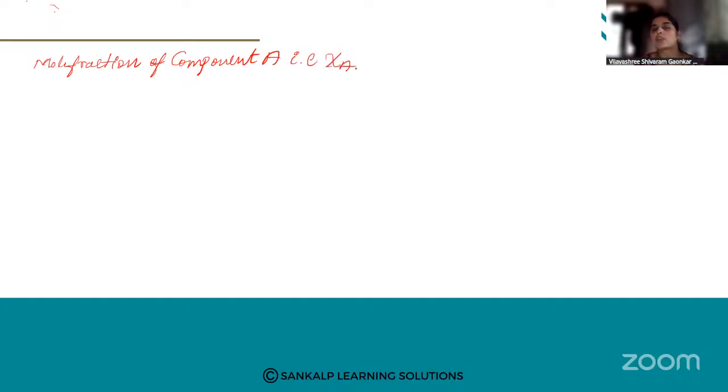What is the formula for mole fraction of A? Mole fraction of A equal to number of moles of A divided by number of moles of A plus number of moles of B. Right?